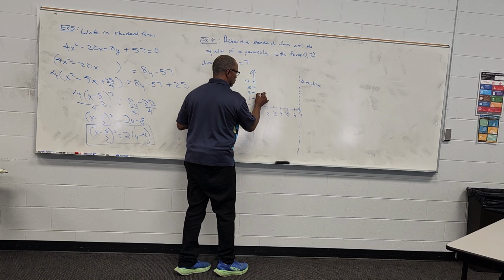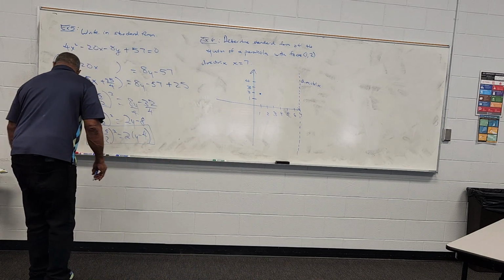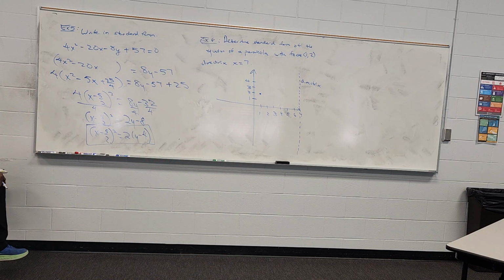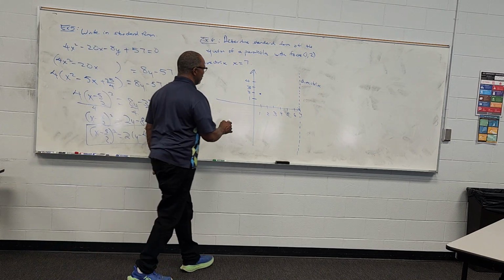One, 2. There's my focus. So there's my focus. There's my directrix. Okay? Well, I've done enough of these things to know the focus sits a distance of p units away from the center.